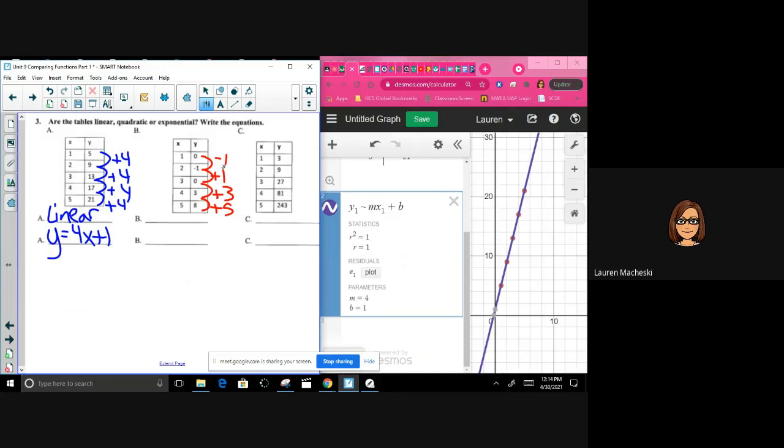Let's check the second difference. From -1 to +1 is +2. +1 to +3 is +2. +3 to +5 is +2. So it is quadratic. The calculator will do the rest for me. Put it all in.